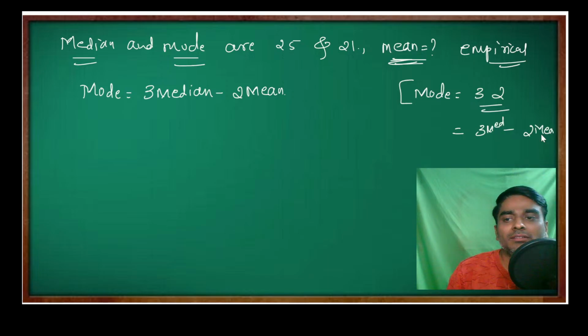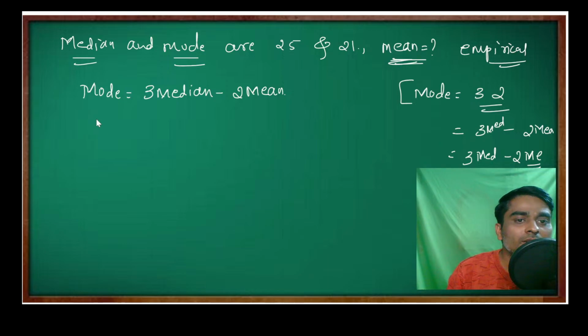Or one more trick is I remember it like this: 3 letters, med, minus 2 letters, me. I remember me last. So there are tricks you can use. Yes, this can be manipulated however you want. Okay, now put the values here. What is mode? 21.